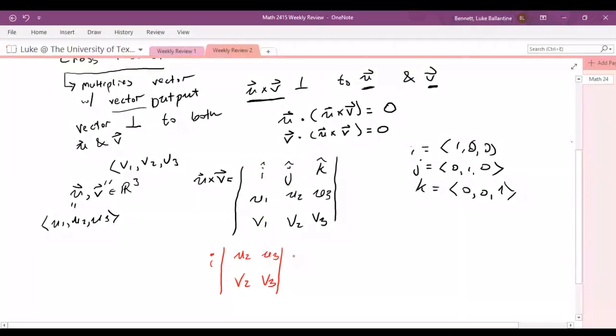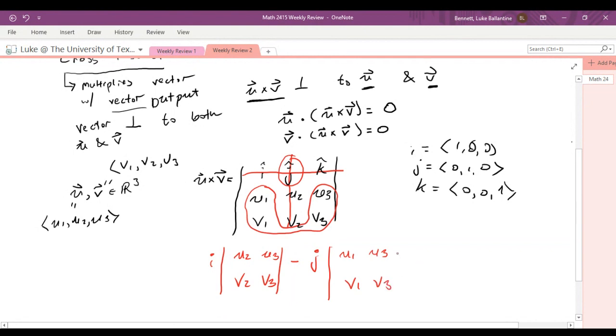Now we subtract off, circling j. j goes right here. We cross out the column and the row, and what's left is this 2 by 2 determinant: u1, u3, v1, v3.